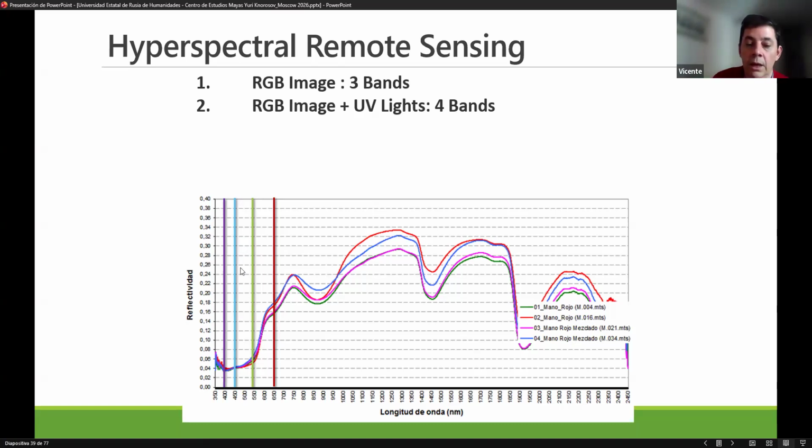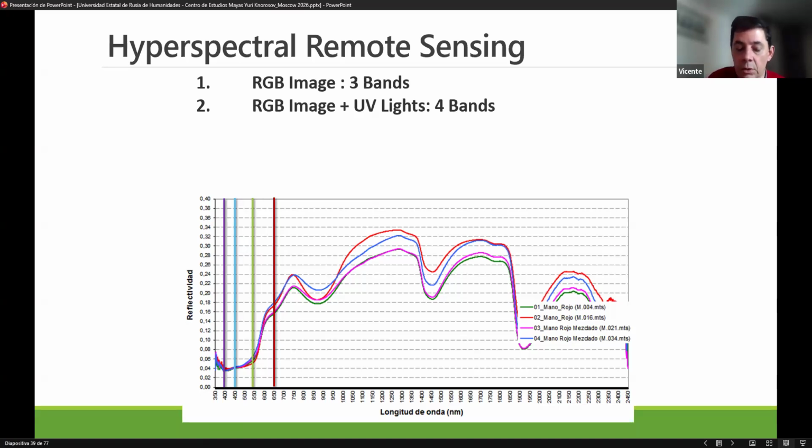Here, you have wavelengths, okay? These are wavelength and reflectivity. Don't be afraid. Just to tell you, from 400 until 700, 750 nanometers is what the eye can see.